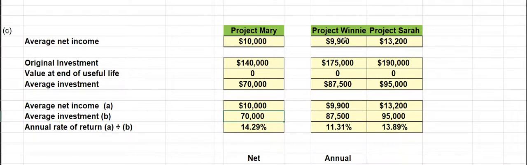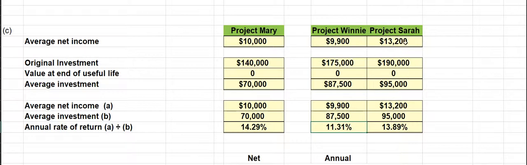We have for Project Winnie, same calculation. We take the average net income, we take the original investment plus the salvage value of 0 divided by 2. We get an average investment of 87.5. Average net income divided by average investment gives us an annual rate of return of 11.31.